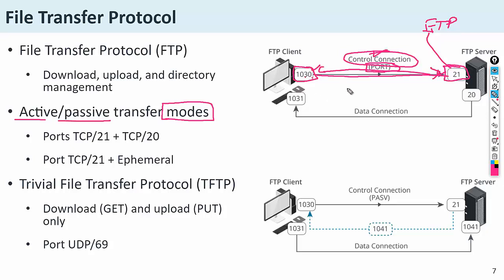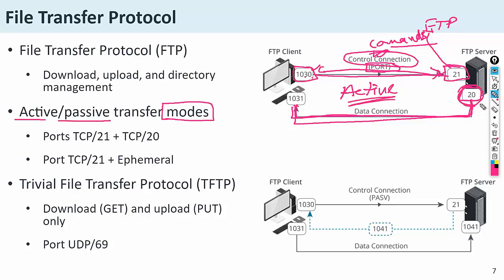But they use another port, port number 20, to transfer the file. So these are the connection control and command-taking ports, but another connection is opened on port number 20 which will transfer the data. This type of connection is called an active connection.